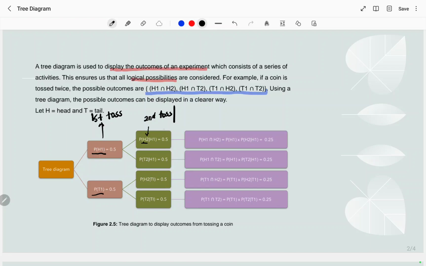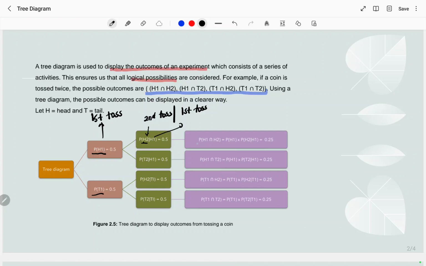Given that H1 represents the first toss, it indicates that on the first toss you obtain head, and given that you perform the experiment a second time, you also obtain head. This is the way of writing for the tree diagram. We can refer to the probability of getting head given that the first toss is head.